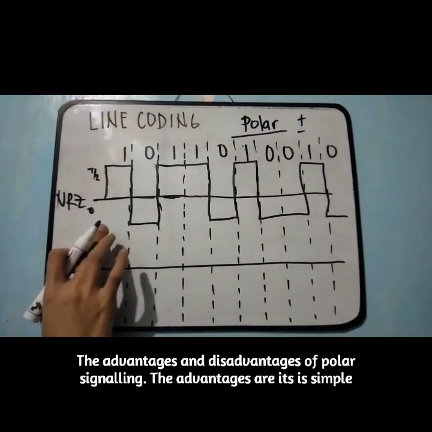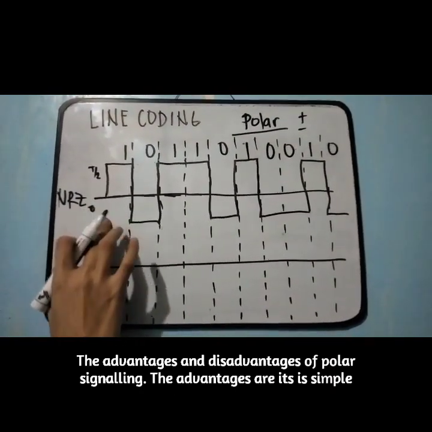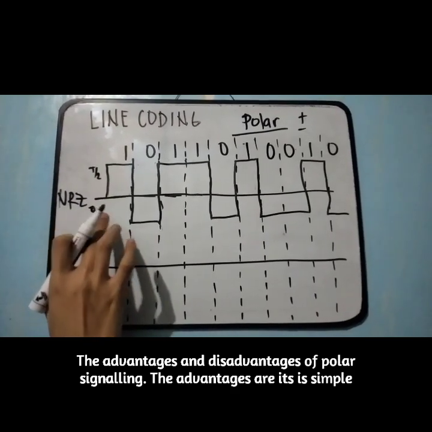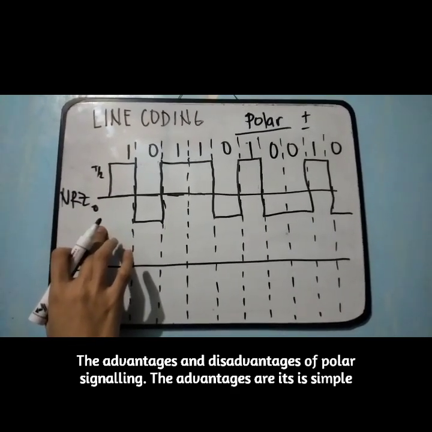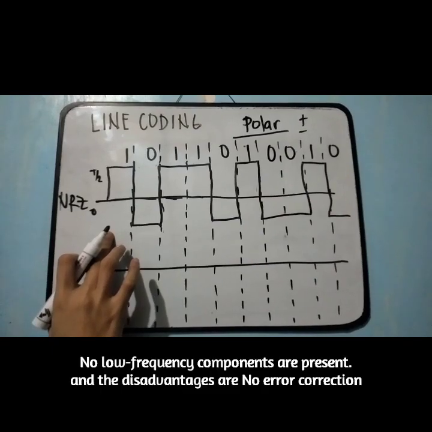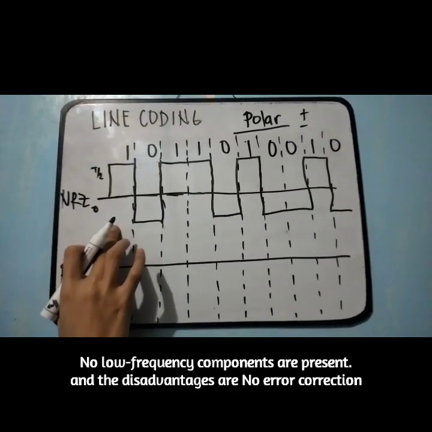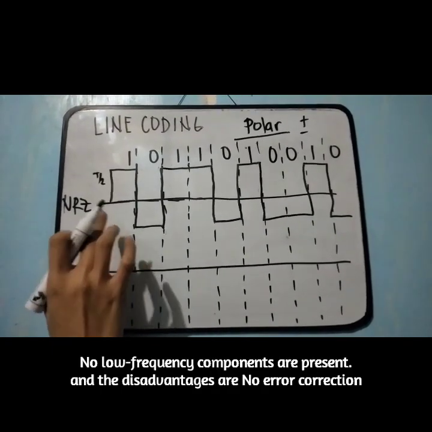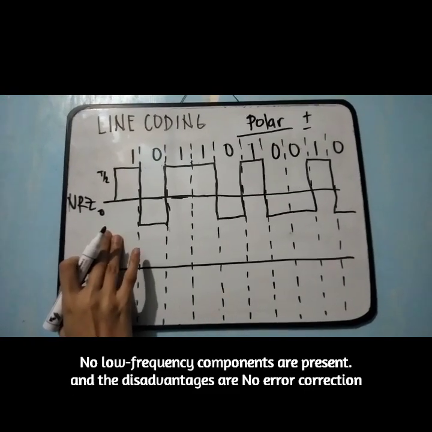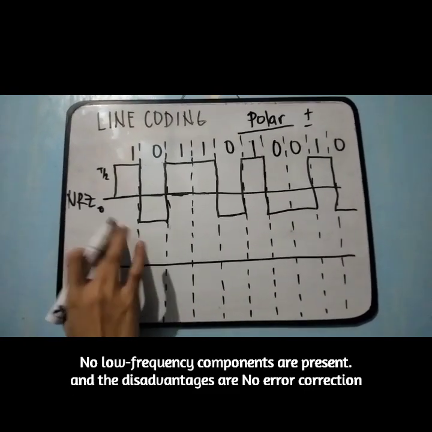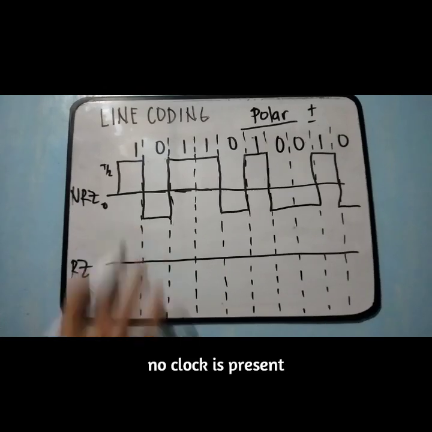And the advantages and disadvantages of polar signaling: the advantages are it is simple and no low frequency components are present. The disadvantages are no error correction and no clock is present.